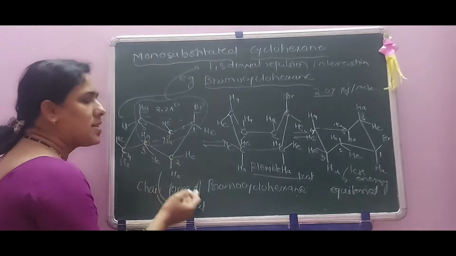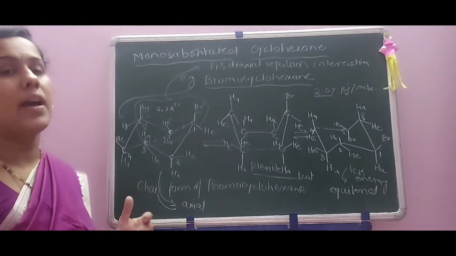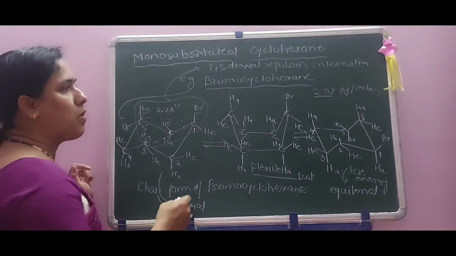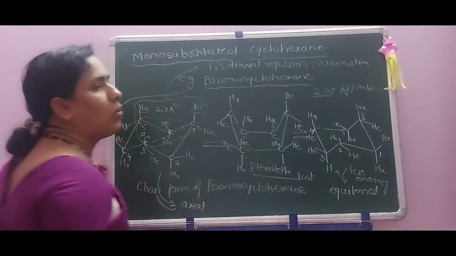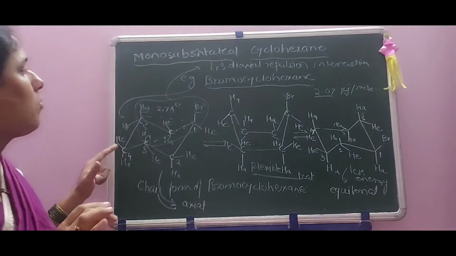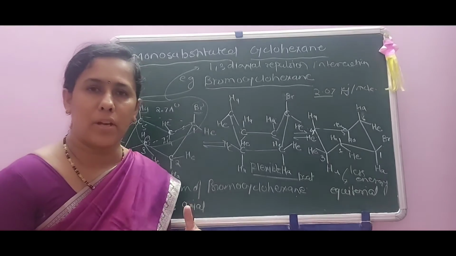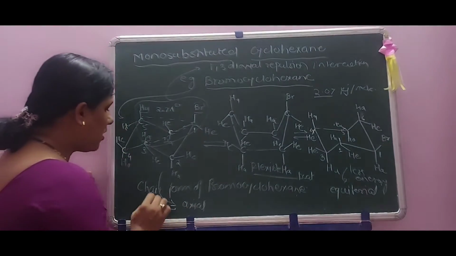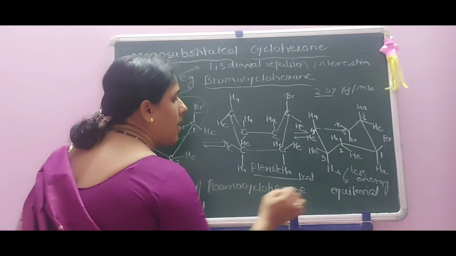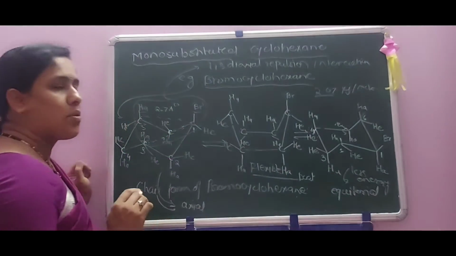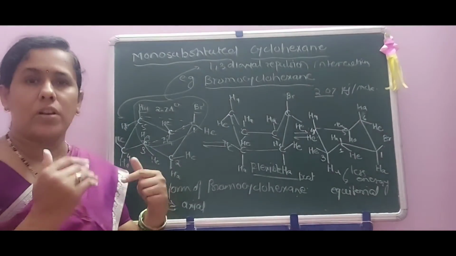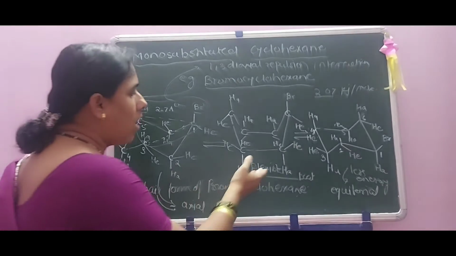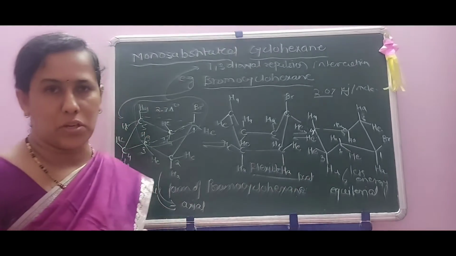But the axial chair form is a strained one, therefore it acquires some extra energy, that is 2.07 kilojoule per mole. But what happens at normal room temperature? At normal room temperature, the axial chair form and the equatorial form of bromocyclohexane interconvert via flexible boat conformations.